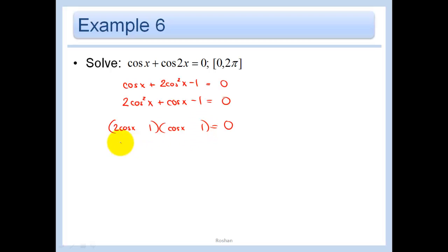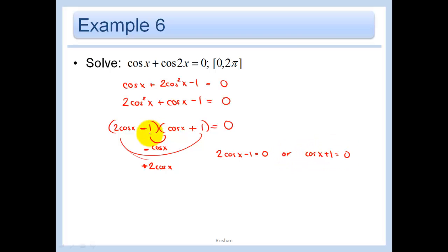Our outer is 2 cosine x and our inner is cosine x, and we wanted the outer and the inner to be positive, so this one is positive and this one is negative. Okay, that works. And so that leaves us with 2 cosine x minus 1 equals 0, or cosine x plus 1 equals 0.